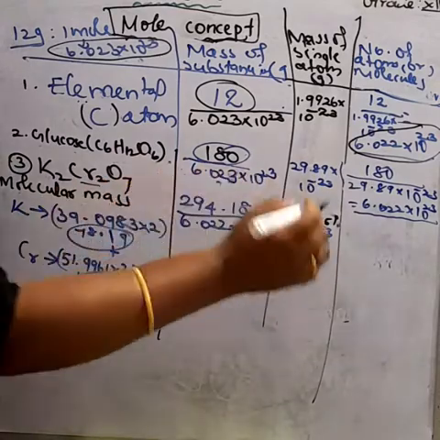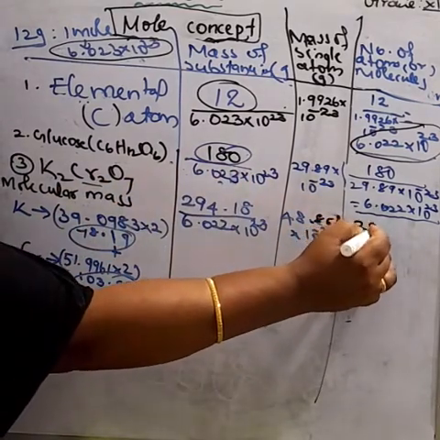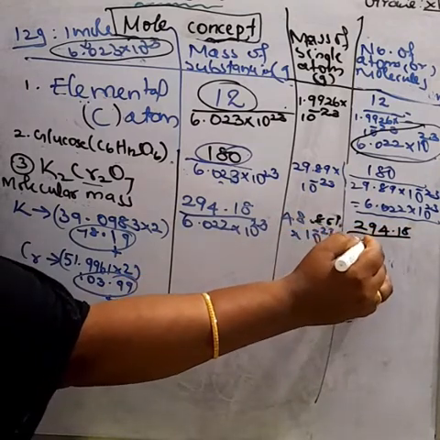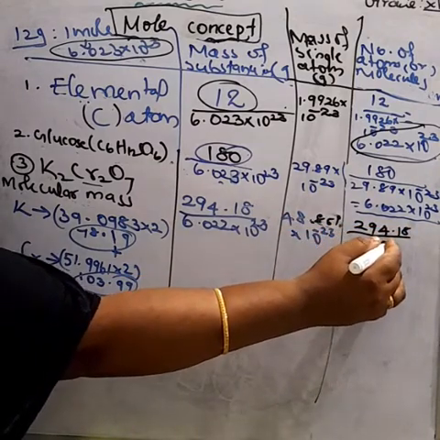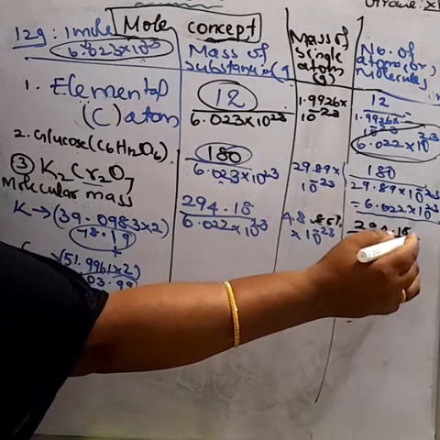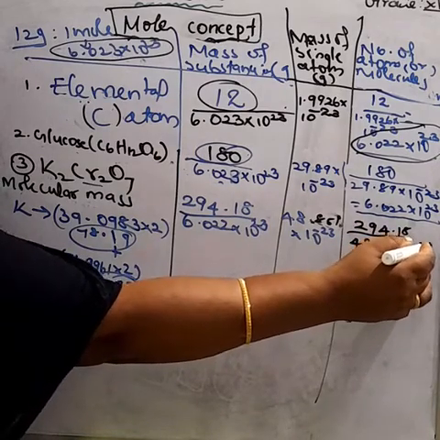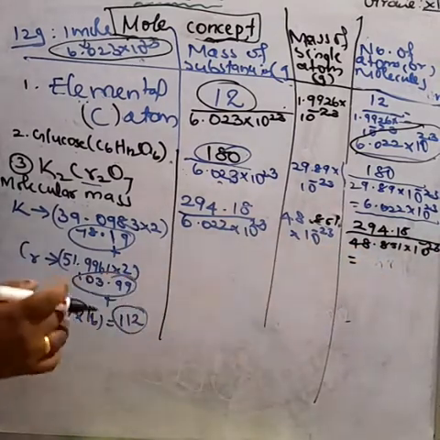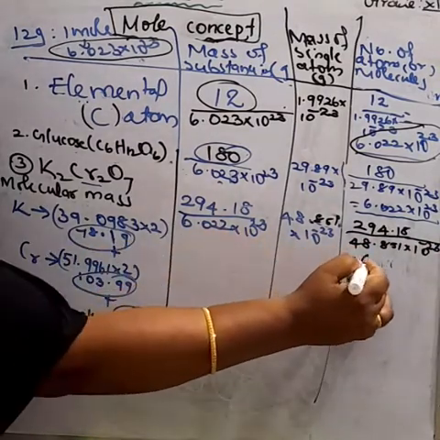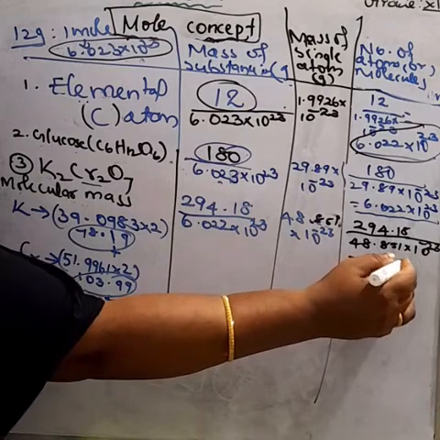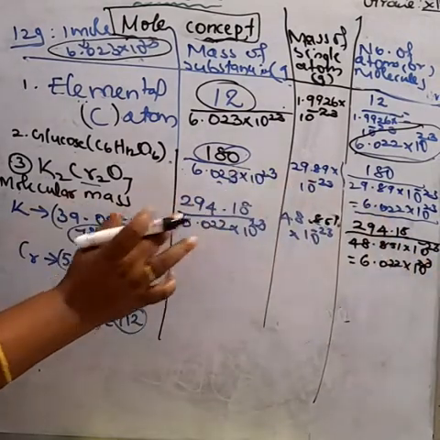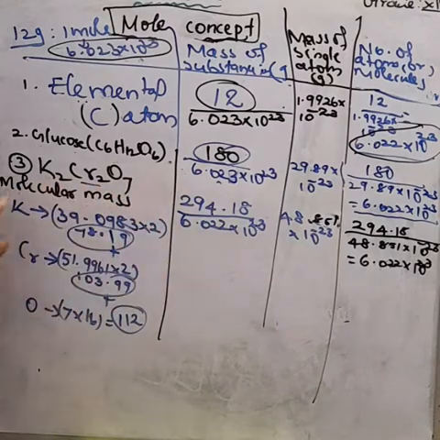When we divide the total mass by the mass of the single molecule, we get 6.023 into 10 power 23 molecules in 294.18 gram of potassium dichromate.